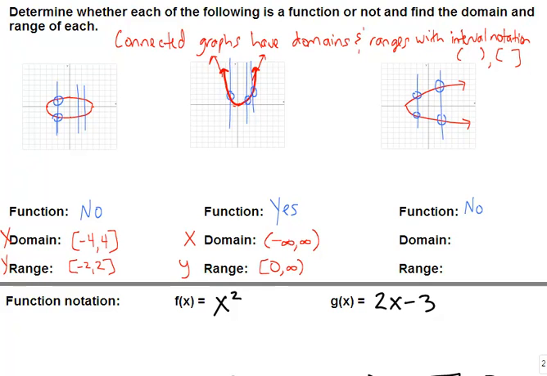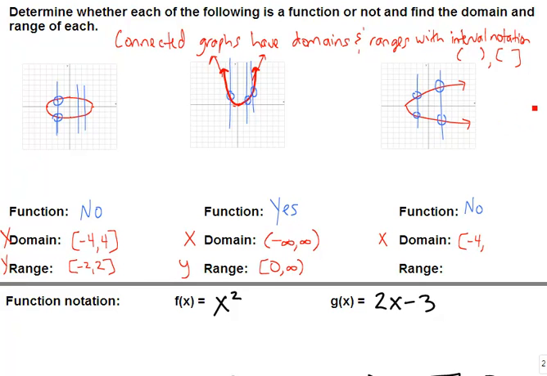Okay, for our last example, our domain, our x's, thinking left to right. Where do I start on the left? This x value over here is as far over as I go, and it has an x coordinate of -4. And I actually hit it, so I want to have a bracket around it. And then I just continue going to the right because of these arrows.